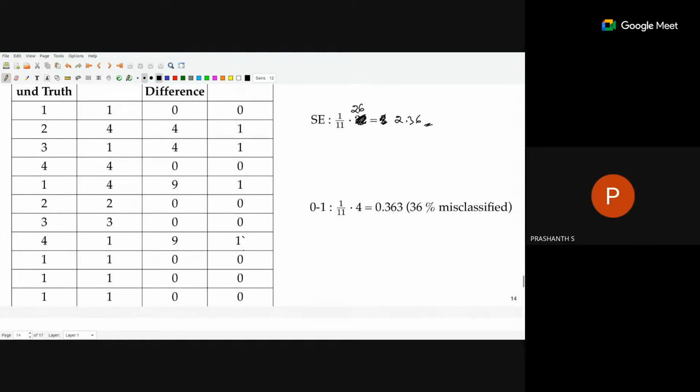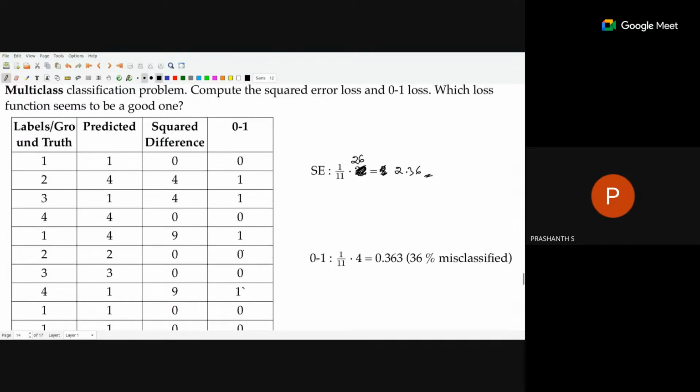Sir, how to represent the sum squared error in percentage? Okay, maybe you can talk like this. No, we can't say, because see the point is, with squared error, the distance can go till infinite also.